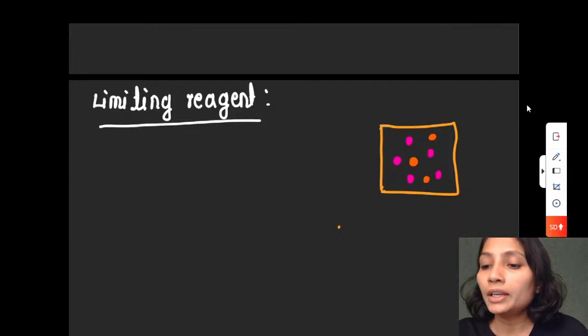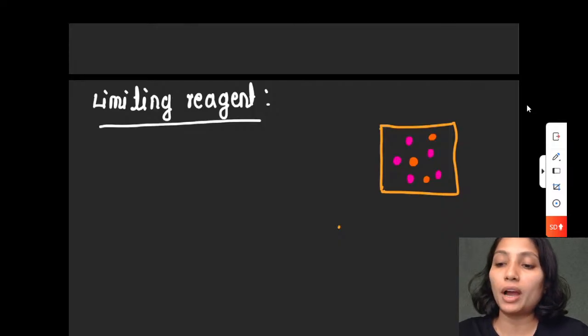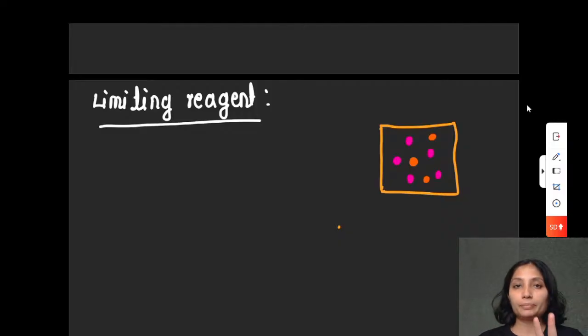Now, here you have to pick balls. At a time you can pick 2 balls, but we have one condition. Whenever you are taking, you have to take 1 pink and 1 orange ball.